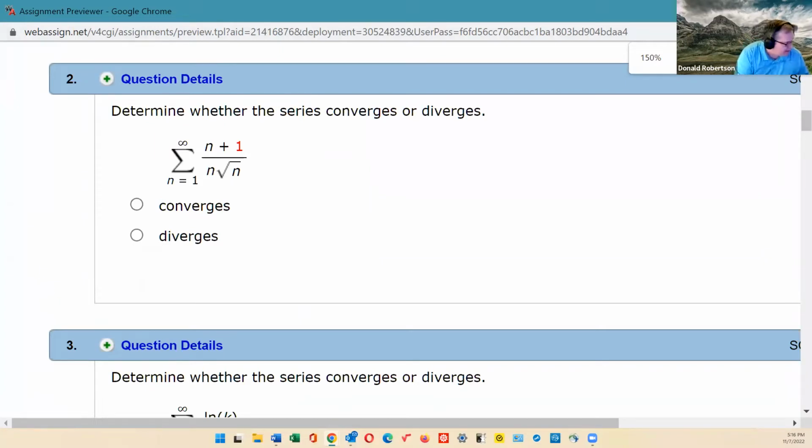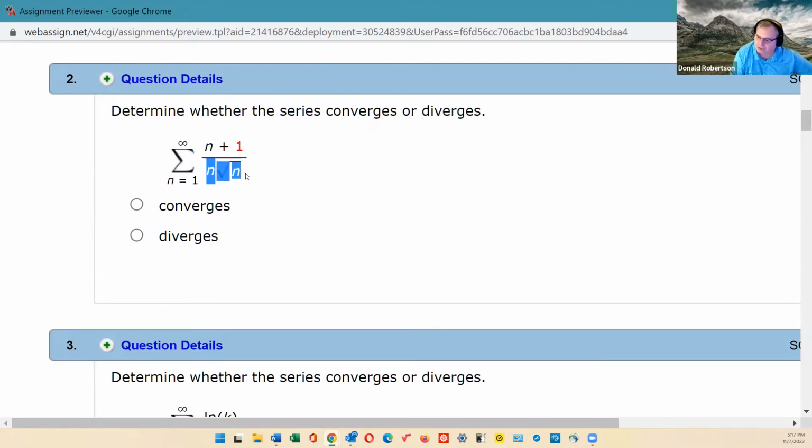Right, now, in every single one of these questions, at least the ones I'm going to show you, we're going to do the comparison test to it. So the first thing is we have to figure out what the guy behaves like, and then prove that you're bigger than that guy or less, depending on what you're looking for. Now, if you're looking at question 2, wouldn't you call the top guy n and the bottom guy n square root of n?